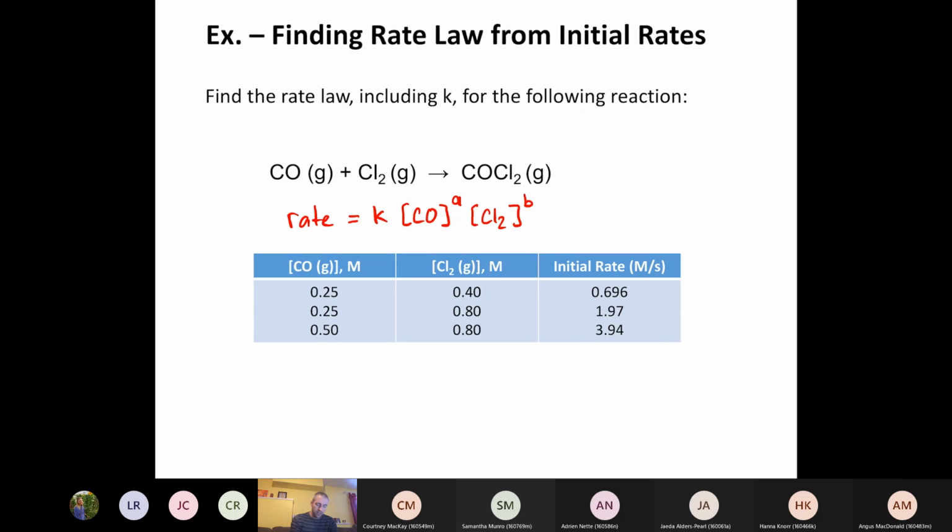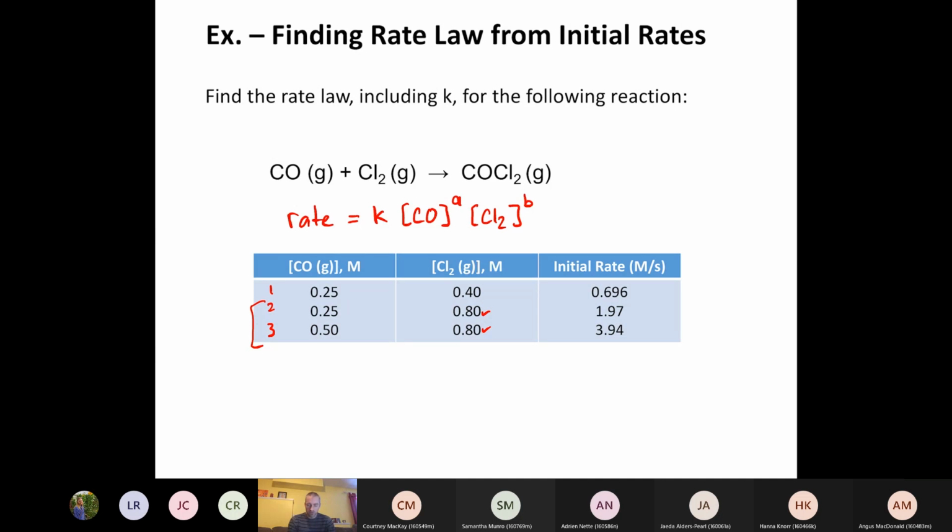Looking at the reactants, what we want to do is find a pair where the concentration of CO changes and not Cl2. And then we want a second pair of experiments where Cl2 changes and not CO. So let's say we call these experiments 1, 2, and 3. If you look at experiments 2 and 3, the Cl2 concentration is constant, held the same.